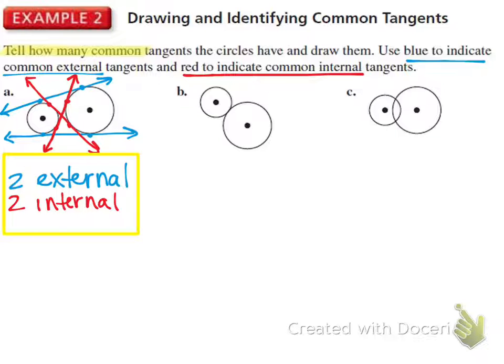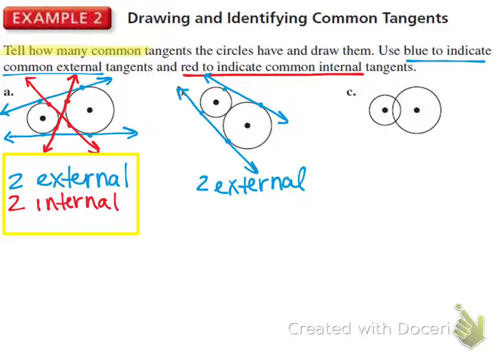I'll show you here on B. How many external tangents will we have? 2. So same idea. So we'll have 2 external. I know this one looks tricky for internal.